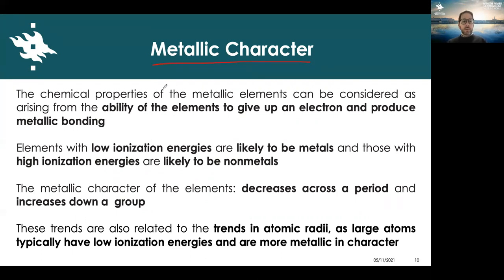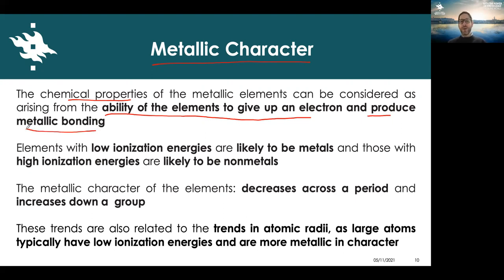So when we talk about a metal, we can infer that the chemical properties of these metallic elements arise from the ability of these elements to give up an electron and produce metallic bonding.